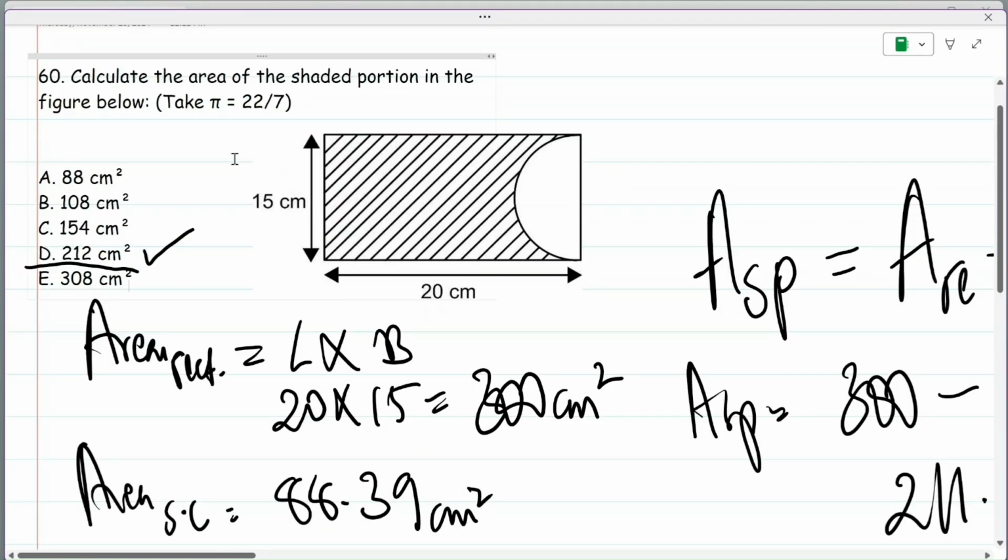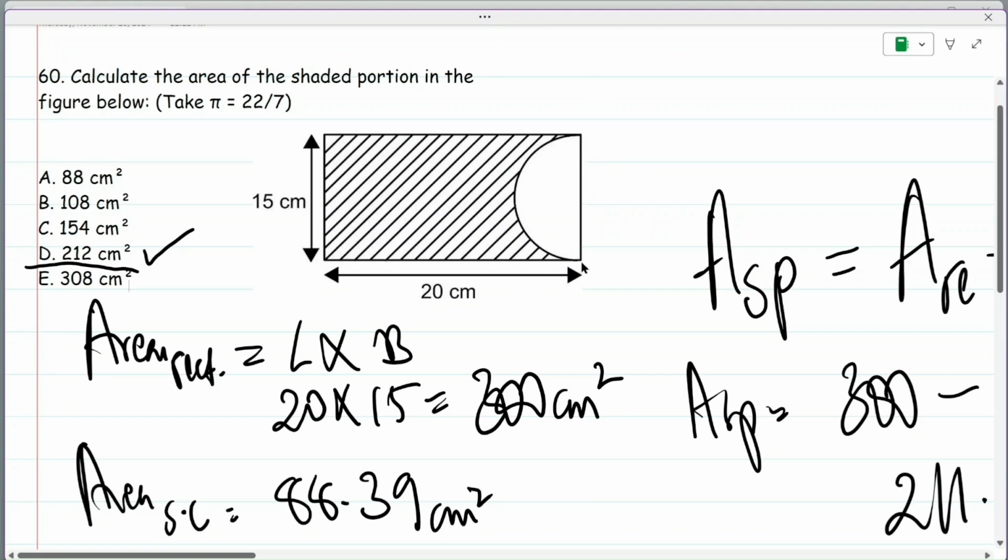A quick recap to question 60. The summary of question 60 is for us to find the area of this shaded portion, which we can't find directly because it's an irregular shape and there's no formula for it. We have to find the area of the rectangle, and find the area of this shape, which is a semicircle, not a full circle, by finding the area of a full circle and dividing it by 2, because a semicircle is half of a circle.